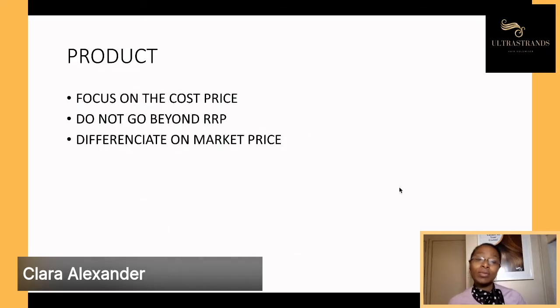So when it comes to the product, essentially you need to really focus on the cost price. What is the cost price of this product? Now, if the cost price is so much that, from a customer perspective, they're not likely to buy it beyond that cost price, then really it's not beneficial to you. So it's not just about being beneficial to your clients, but it's also about being beneficial to you.